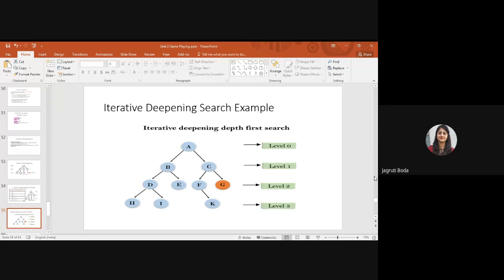How can you visit this tree? All the students, write your answer in the chat box.